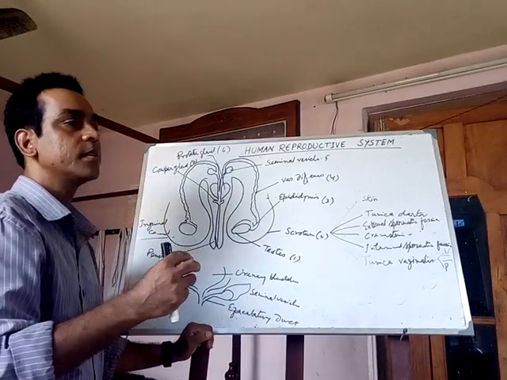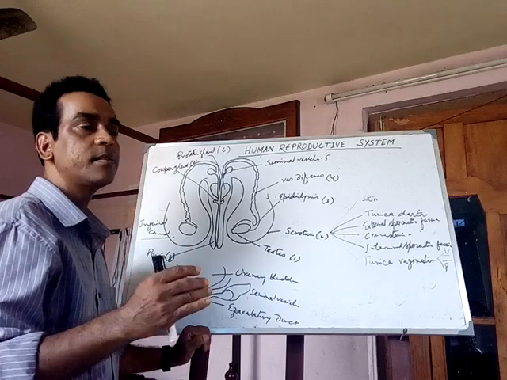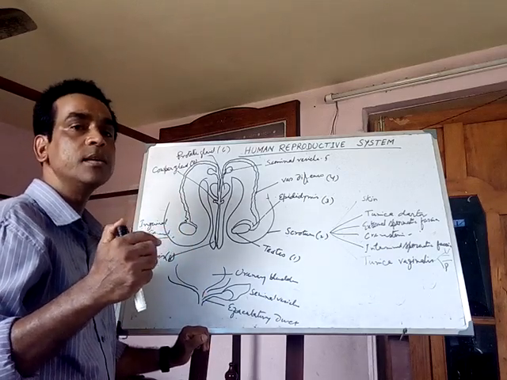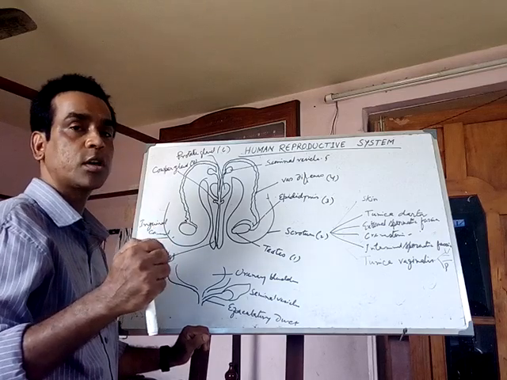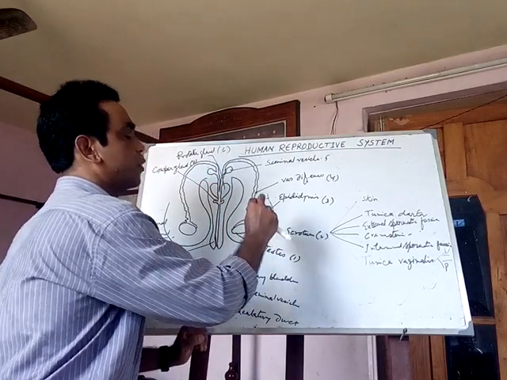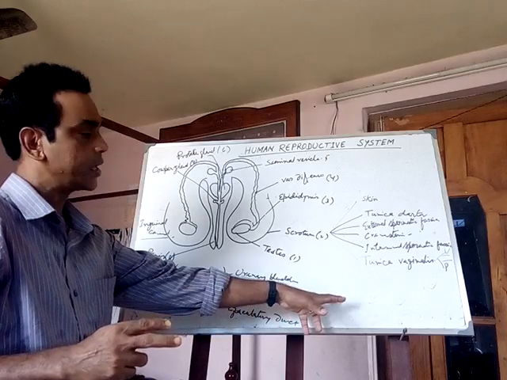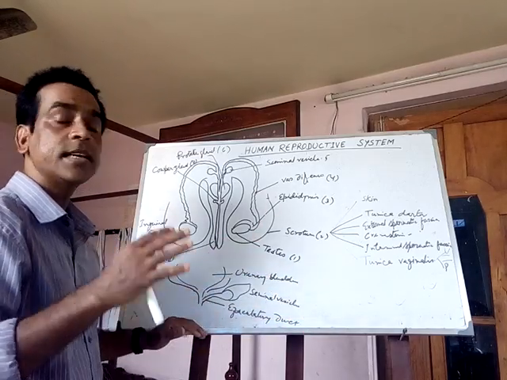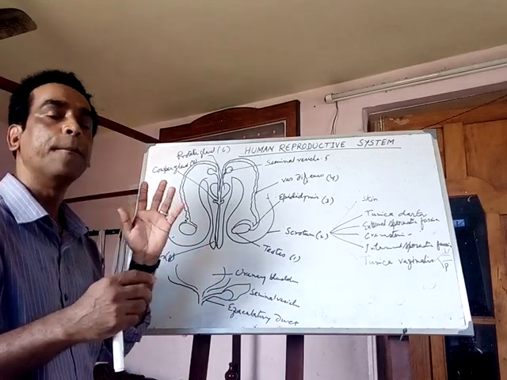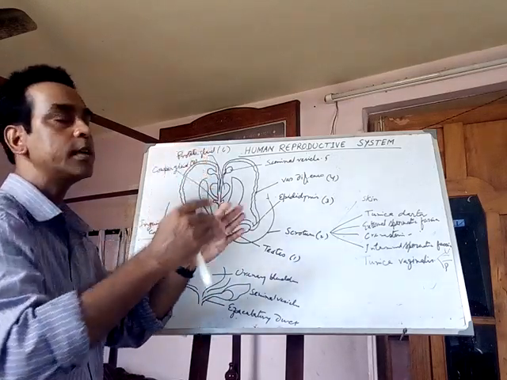The testes are made of seminiferous tubules which make the sperm and hold the sex hormones, that is testosterone, androgen, etc. Those seminiferous tubules make the reticular part, the rete testis, and the rete testis further makes the vasa efferentia, and the vasa efferentia is an elongated reticular part called the epididymis.